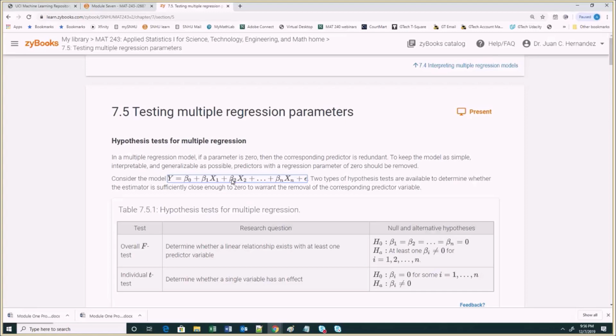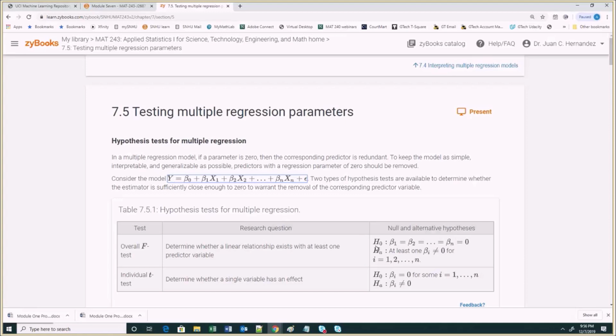If they're all zero, then you don't even have a multiple regression model. So when we talk about the overall F-test being significant, it means that at least one of these independent variables can be used in a regression model to predict y.